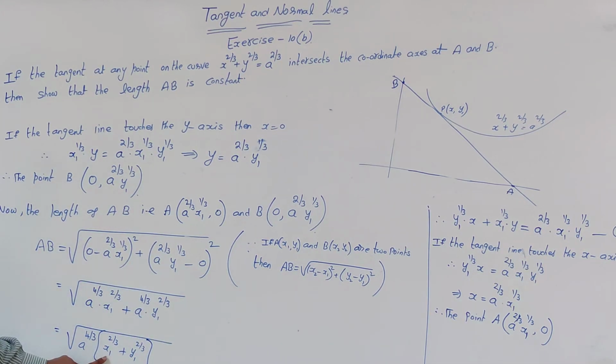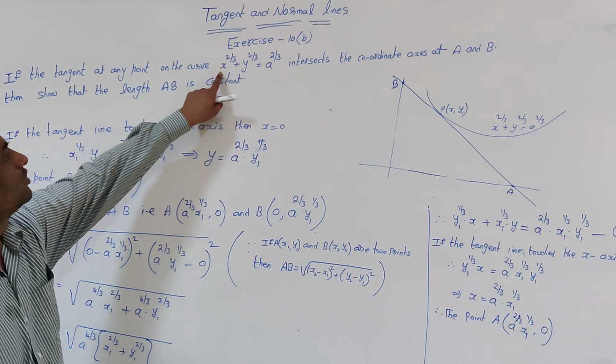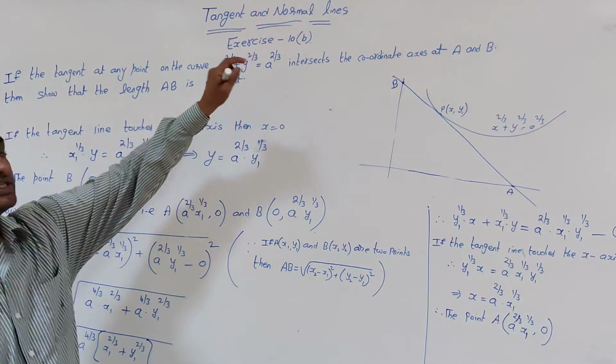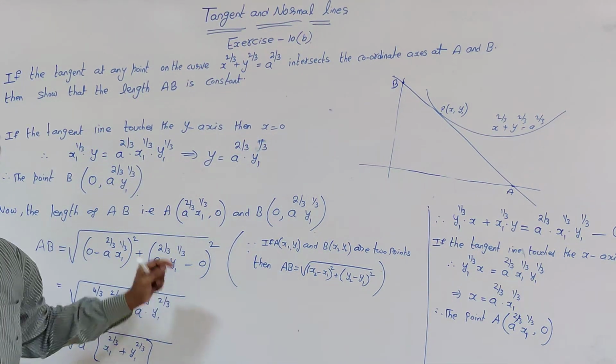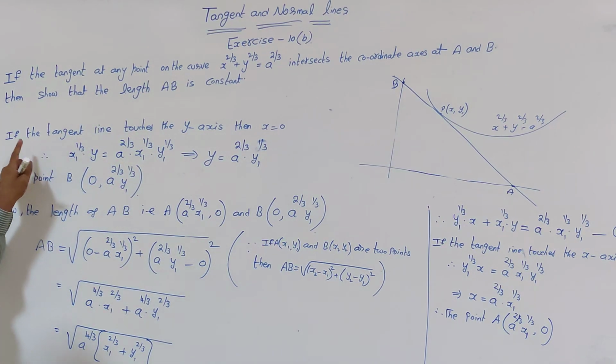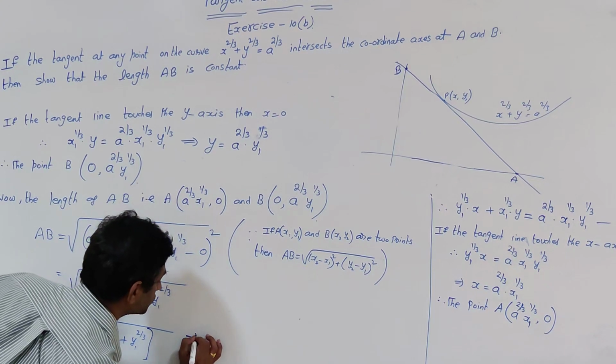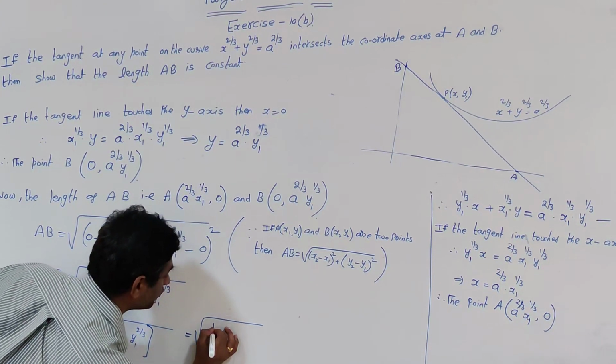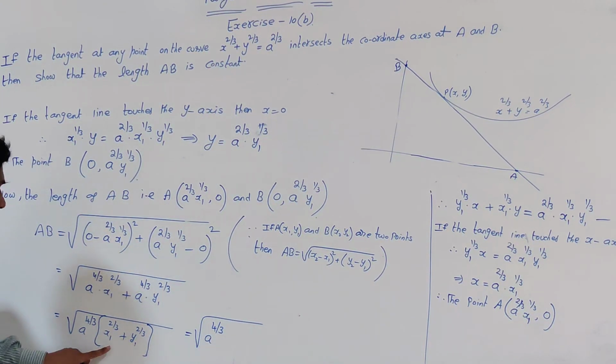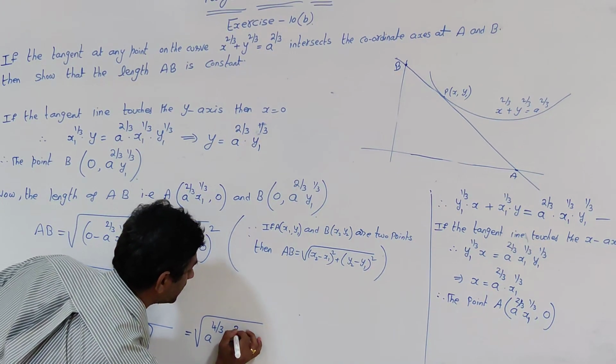But what is the value of x1 to the power of 2 by 3 plus y1 to the power of 2 by 3? It is a to the power of 2 by 3, as x1 comma y1 lies on the curve. So it is square root of a to the power of 4 by 3 into a to the power of 2 by 3.